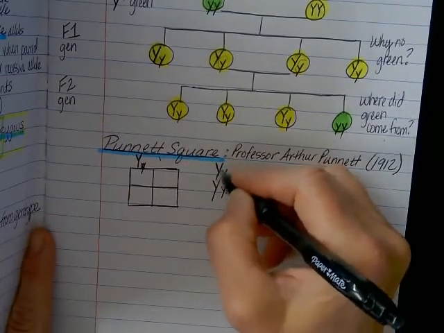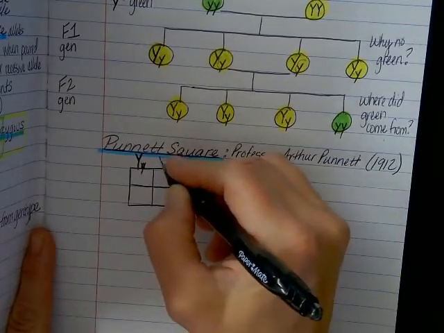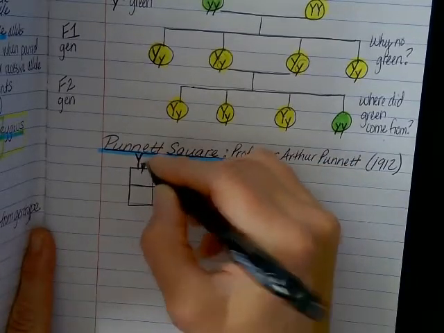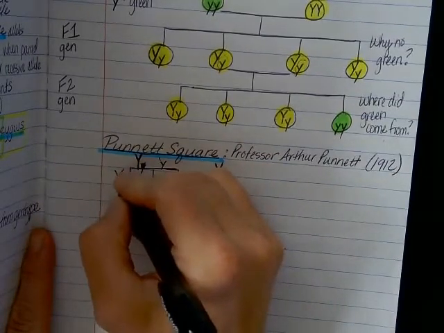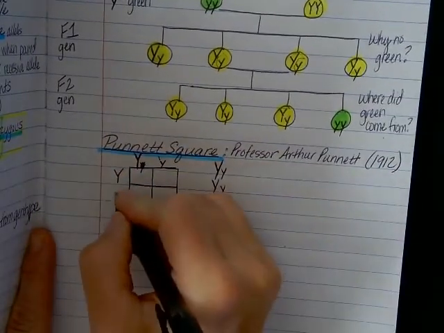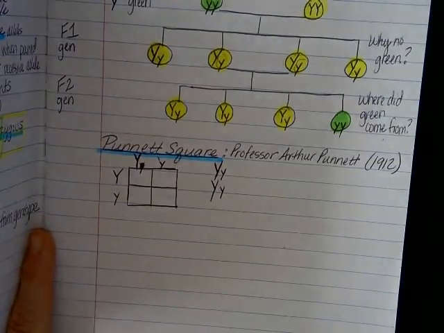So we take the capital, the dominant, we put it here, we take the recessive, we put it here. Then from the second parent we take the dominant and the recessive, and then basically you just work out your combinations.